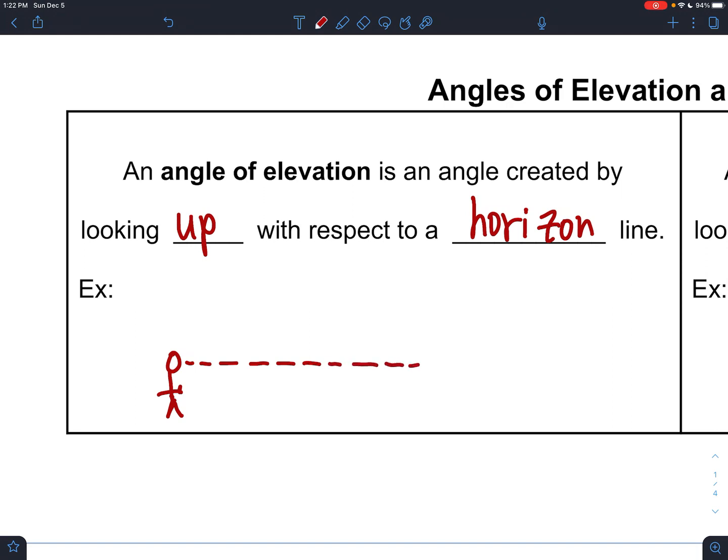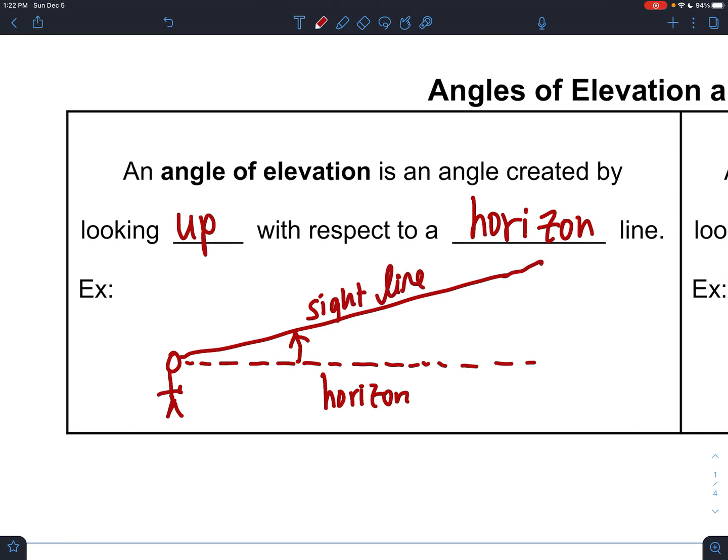So if I'm hanging out here, the horizon line is always from the observer, the person who the problem's about, looking straight out. That's the horizon from eye level, or just from whatever the problem's telling you, right? And the angle of elevation is when you look up.